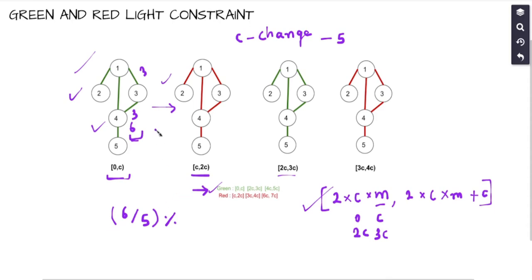So this is one flip, this is two flips. After even flips I have green lights, while after an odd number of flips I have red lights. So when I have one flip, I will check if it is odd or even. Since it is odd, that means that the lights are turned to red. So here I have lights turned to red.